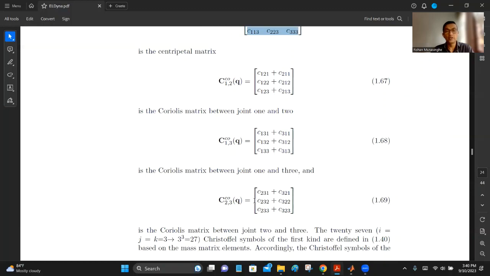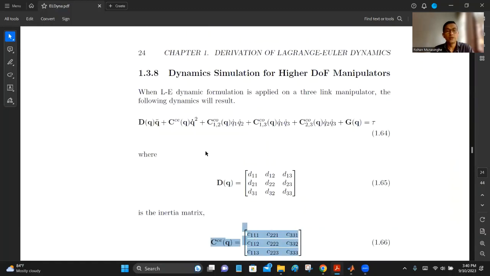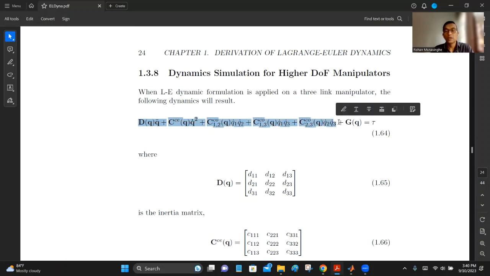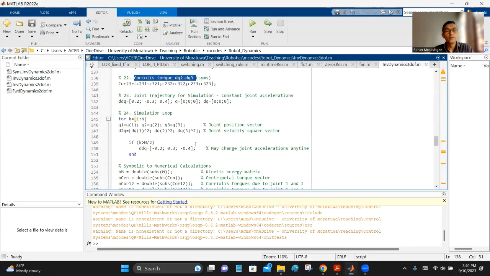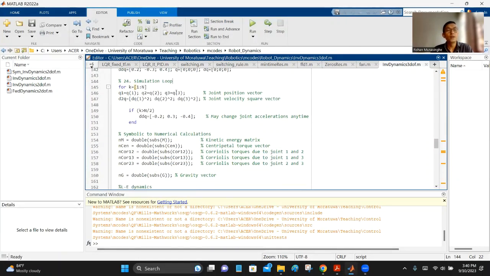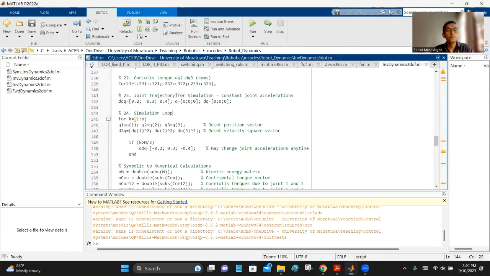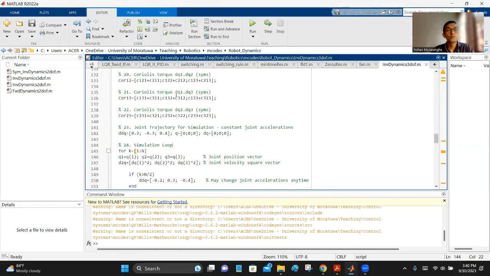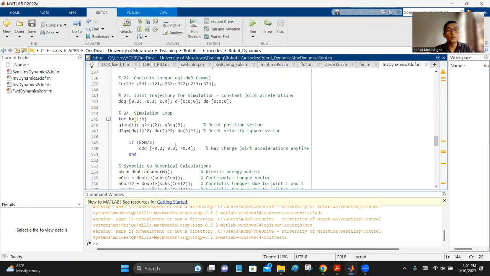Now this is our dynamic model, the first one, second one, third one, fourth one, fifth one. Now you only need the gravity terms. Then joint trajectory for simulation, constant joint acceleration. I think gravity terms you have done somewhere else.